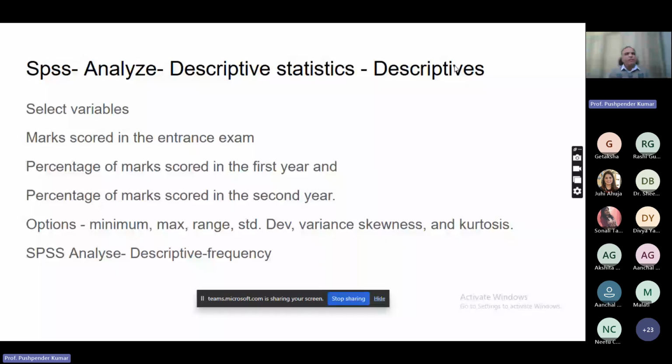Here we can select three variables: score in the entrance exam, a numerical value; percentage of marks scored in the first year, numerical; and percentage of marks scored in the second year, numerical. What can we find out of this? Minimum, maximum, range, standard deviation, variance, skewness, kurtosis.